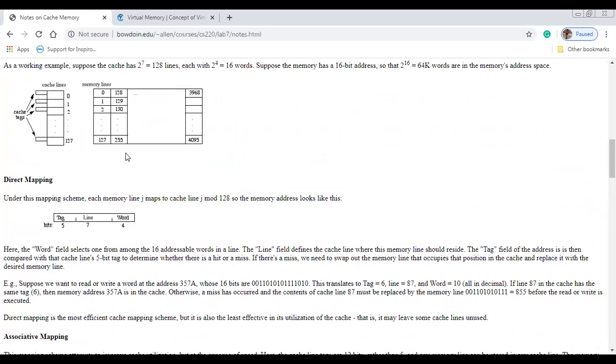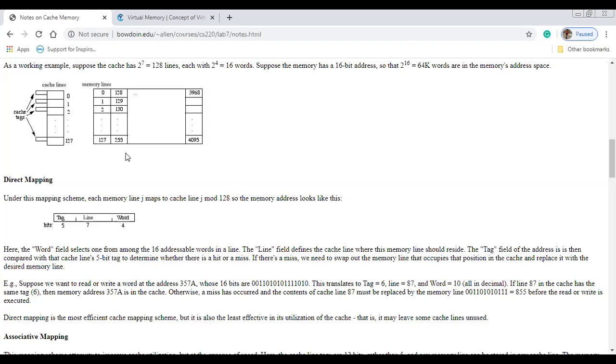So the one which I am using is here like this. Suppose the cache has 2 power 7, that is 128. Are you able to see now? 2 power 7 is 128 lines we have, and 2 power 4 is 16 words we are using, and the entire memory has a 16-bit address, which can range to 65536.